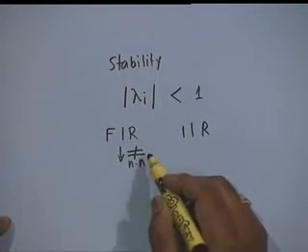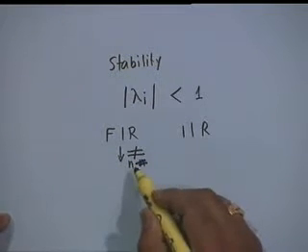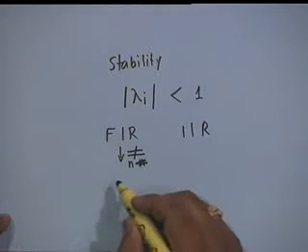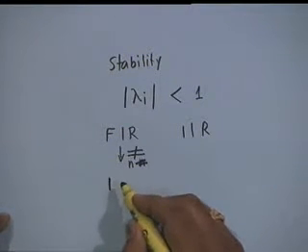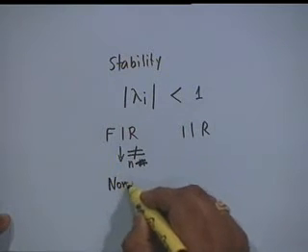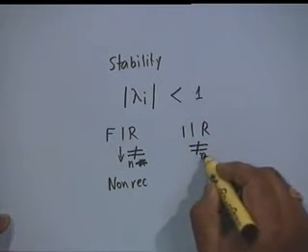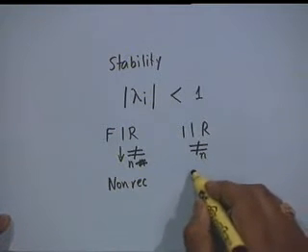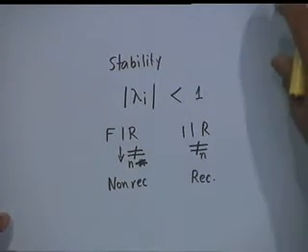Not equal to is already there, so one n should suffice. Necessarily not equal to what? Non-recursive. Similarly, IIR is not necessarily equal to recursive. I hope I have been able to make this point home, because there is a lot of confusion in the literature.